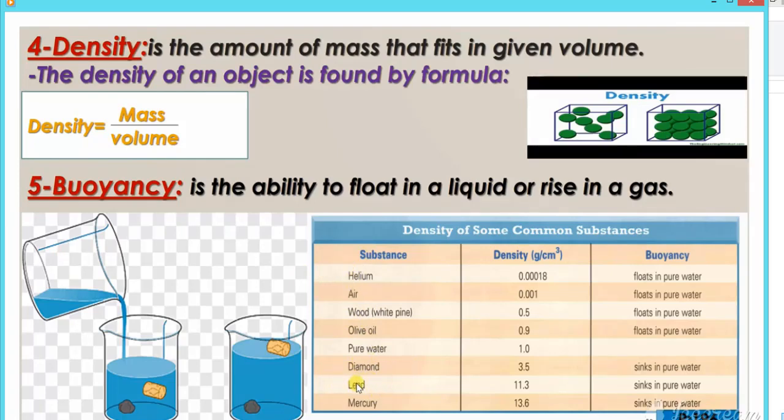But diamond, lead and mercury sink in pure water. This means their densities are more than that of the liquid or gas. Buoyancy is the ability to float in a liquid or gas.